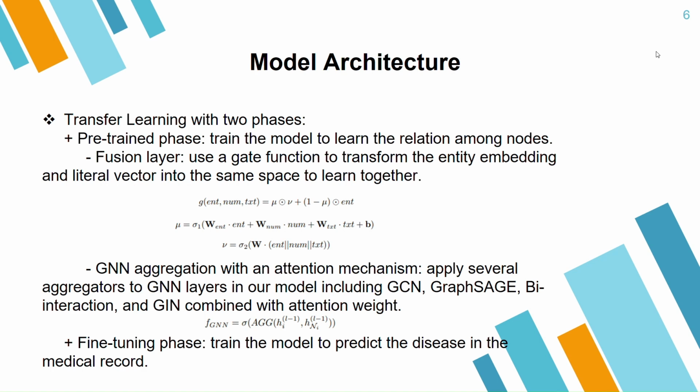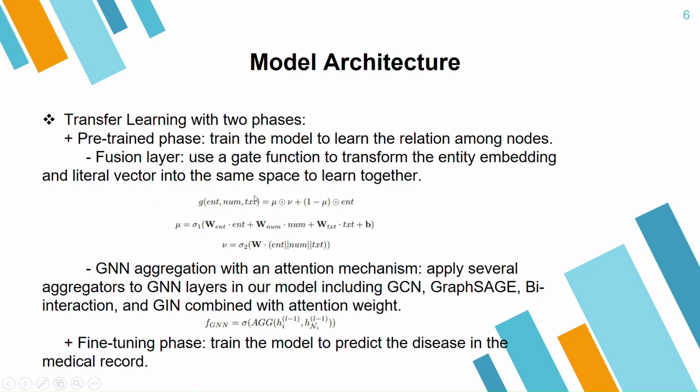And there is a fusion layer, because in this project we leverage the literal information, the numerical vector and the textual vector, and we use the gate function to transform the entity embedding and literal vector into the same space to learn together.